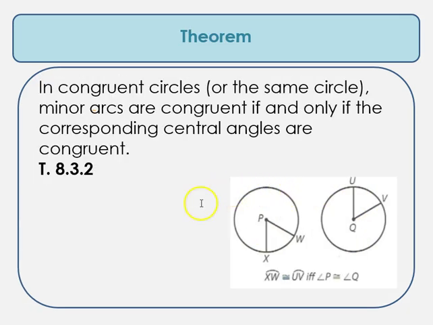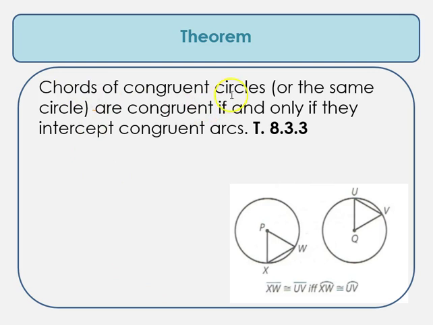This brings us to our next theorem. In congruent circles or the same circle, minor arcs are congruent if and only if the corresponding central angles are congruent. So we just did this in the last definition. So that would mean that if angle P and angle Q are congruent, then arcs XY and UV will be congruent.